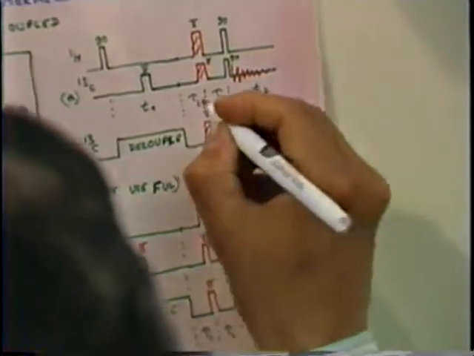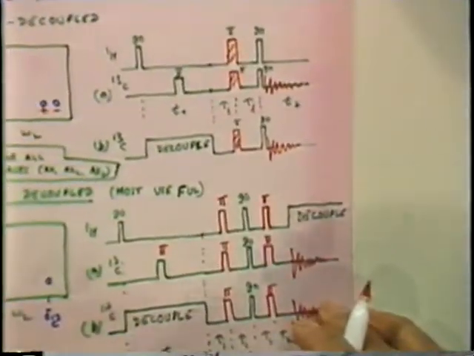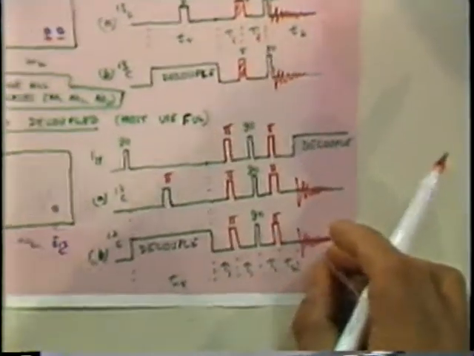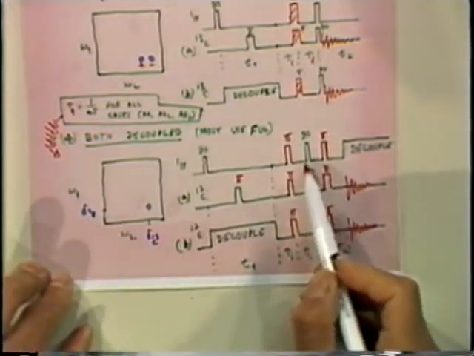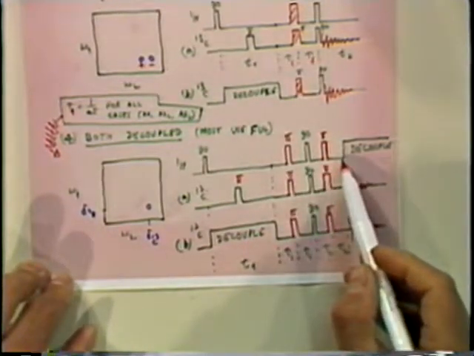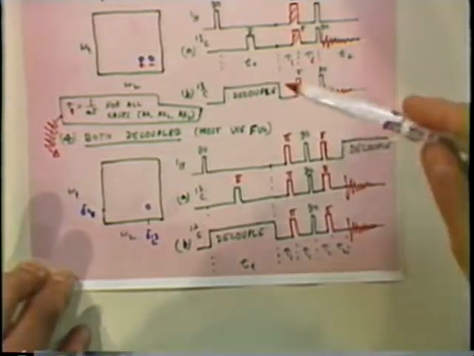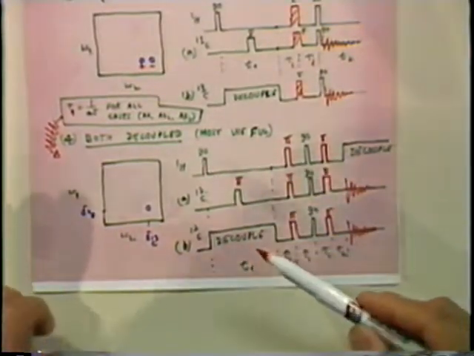I should call this t1, this t1, and then this is for both. Okay. So this is clear. And when we go to both, decoupling in both the dimensions, we combine the two. We do a delay in the t1 period as well as in the t2 period. The tau2 will follow the rules that we gave for omega-2 decoupling, and tau1 will follow the rules we gave for omega-1 decoupling.